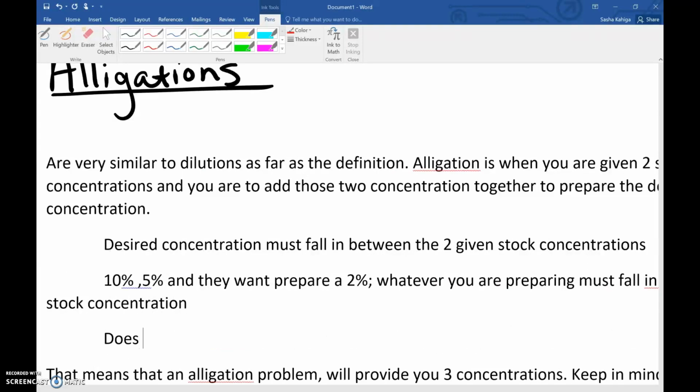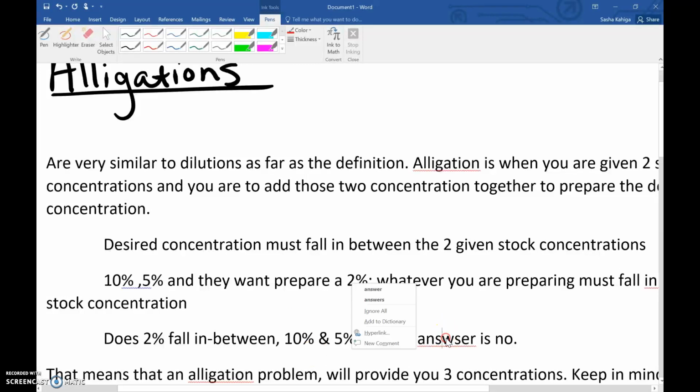So, does 2% fall in between 10% and 5%? Your answer is no. 2% does not fall in between 10 and 5. 6% falls in between 10 and 5.